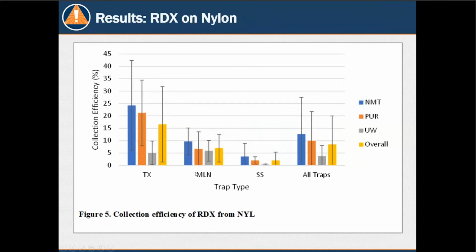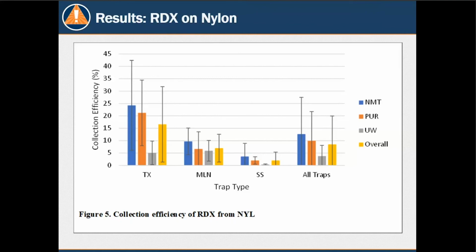The nylon, on the other hand, while with TechSwipe we did a pretty good job on the nylon, in general, if you look, the overall recovery from the nylon was always poor. And there was quite a bit of variation. So we looked at the characteristics of the trap, the characteristics of the surface, the lab-to-lab variations. We could not find any consistent correlation with any of these features.